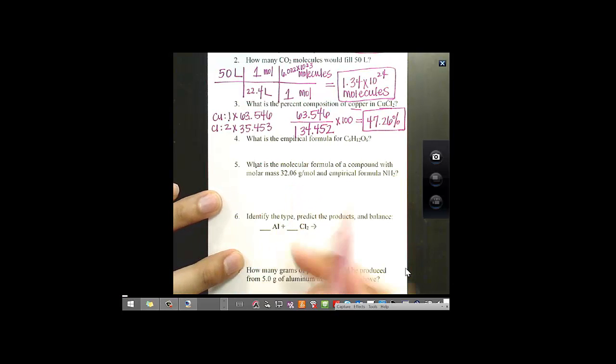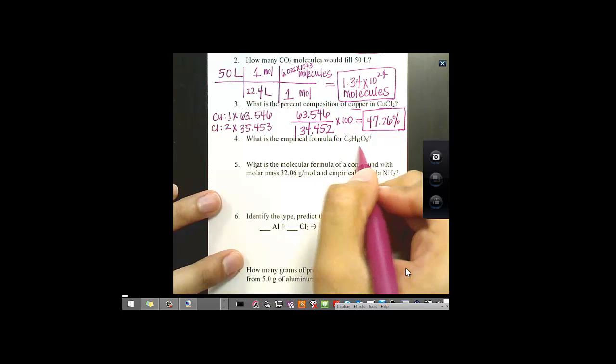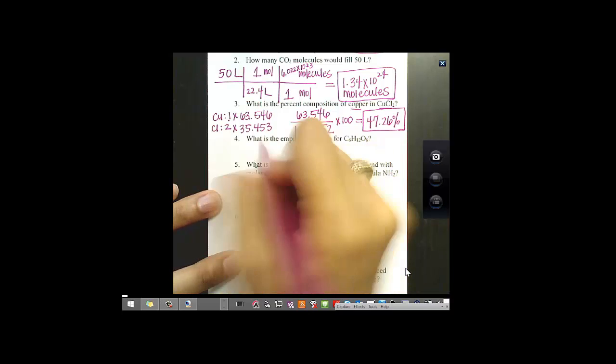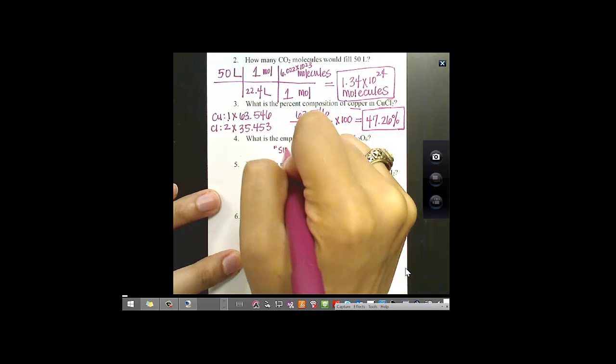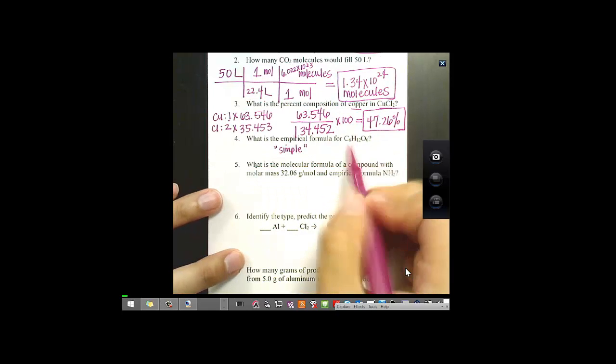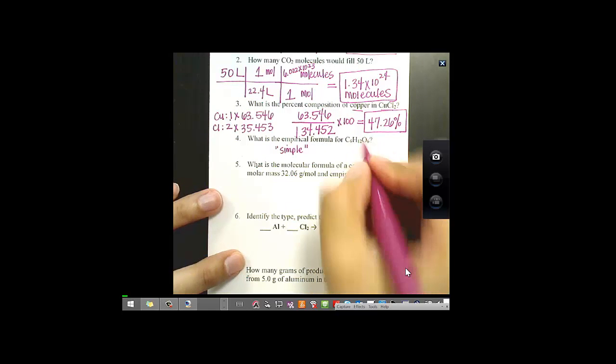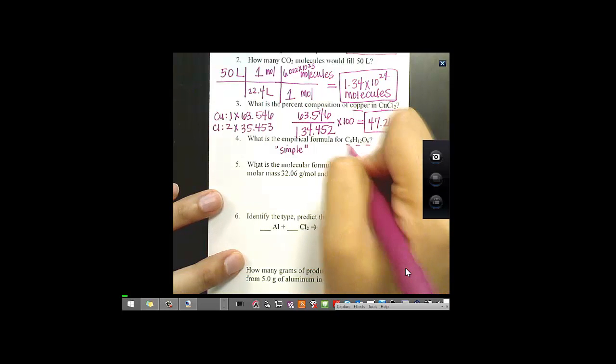Number 4 says, what is the empirical formula for C6H12O6? Remember, empirical just means simplified. So what common number can I divide all of them by and still have whole numbers for my subscripts? 6. I can divide them all by 6.